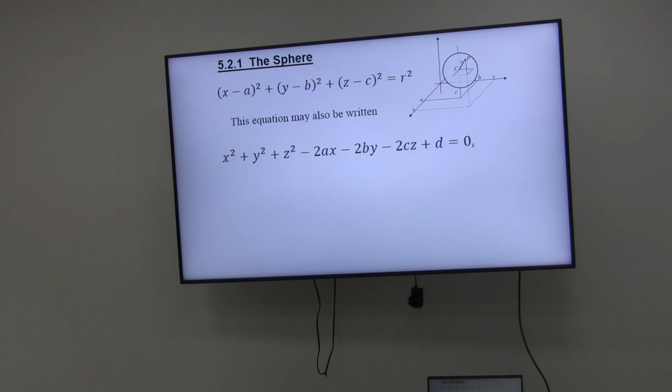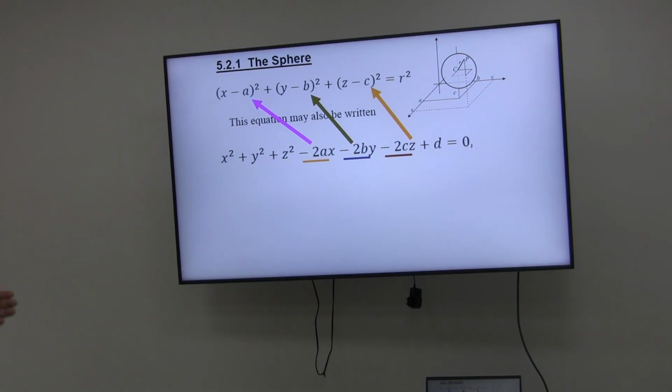The center will be (a, b, c) directly, because I divide by negative 2 the coefficients of x, y and z. Especially if your equation of a sphere doesn't contain x times z, x times y, y times z, which are the terms responsible for a rotation of your main axis with respect to the reference axis. Okay?